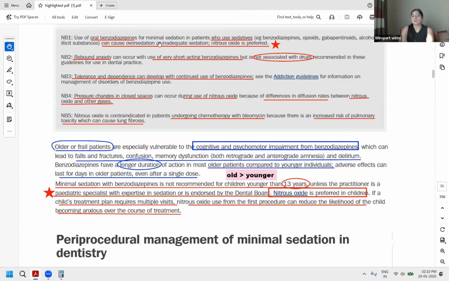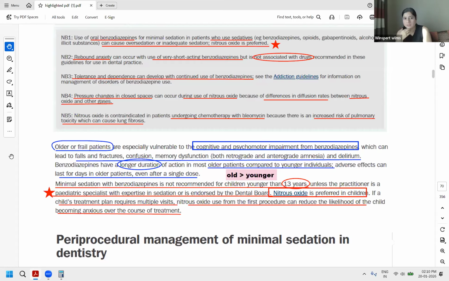So use of oral BDZs for minimal sedation in patients who are using any other sedatives, you would be contraindicated in that and you would choose nitrous there. Then in children below 13 also nitrous you will choose. Rebound anxiety is an effect which can come from BDZs, but it is not seen with the drugs which are recommended in TG.